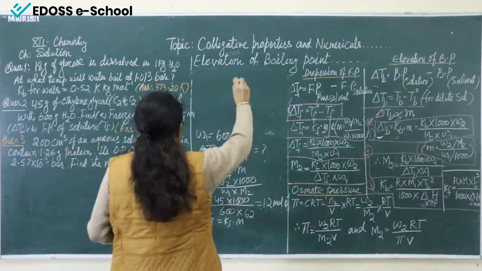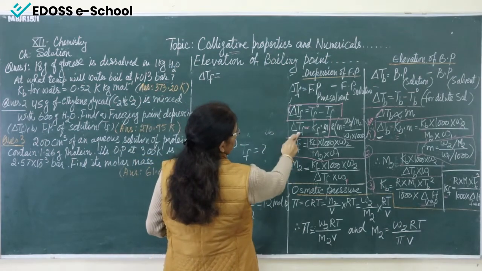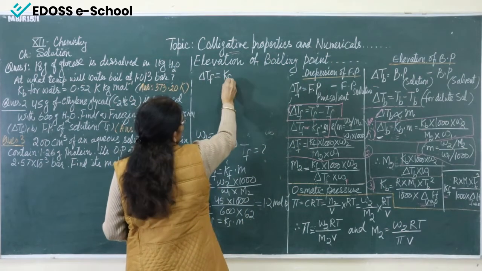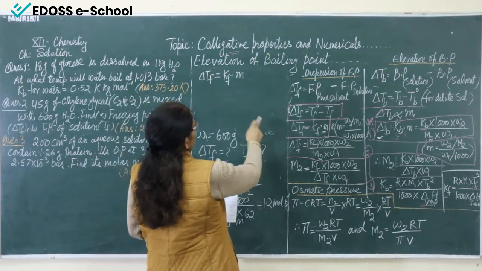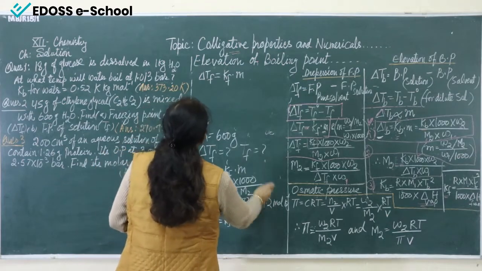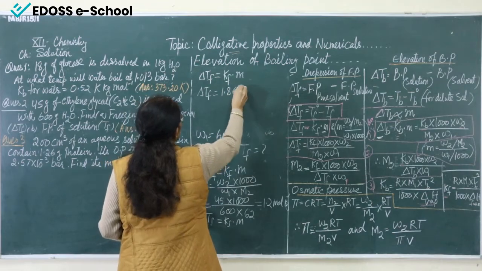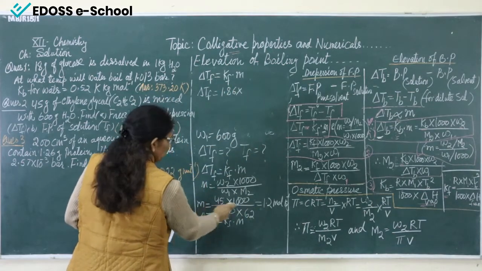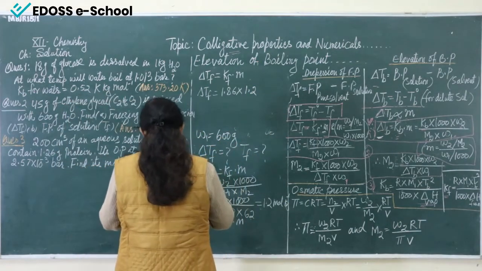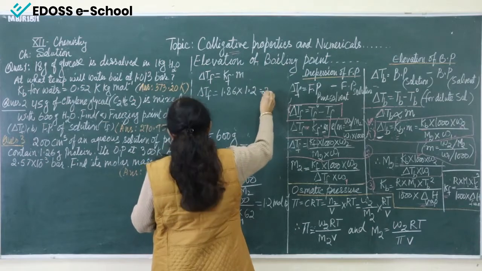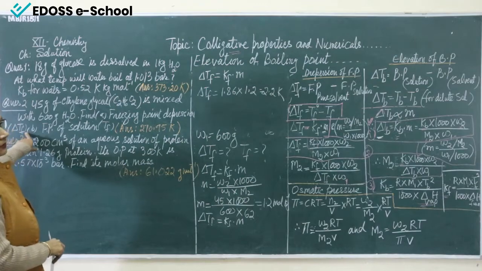This value we know is 1.86 and m we have already calculated. So delta Tf is 1.86 multiplied by 1.2. After multiplying, this will be 2.2 Kelvin. So the first answer we have got here, delta Tf.